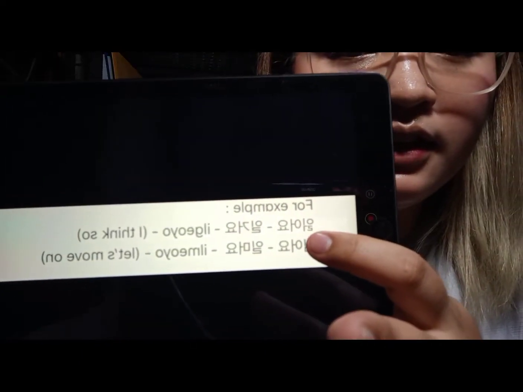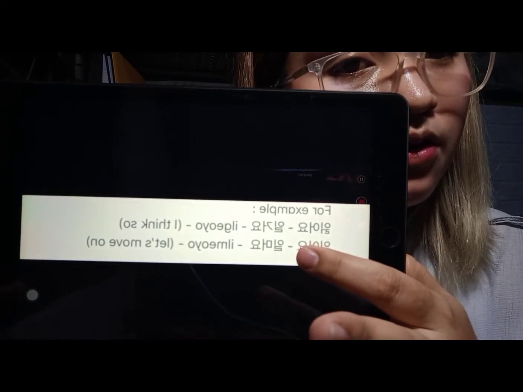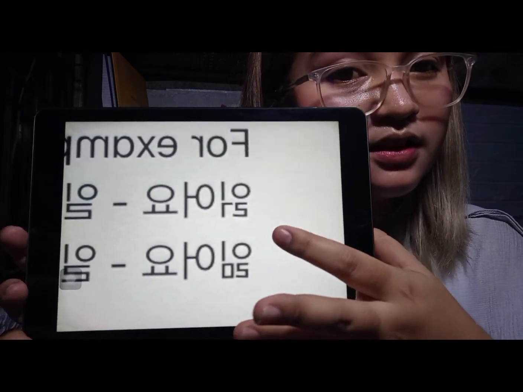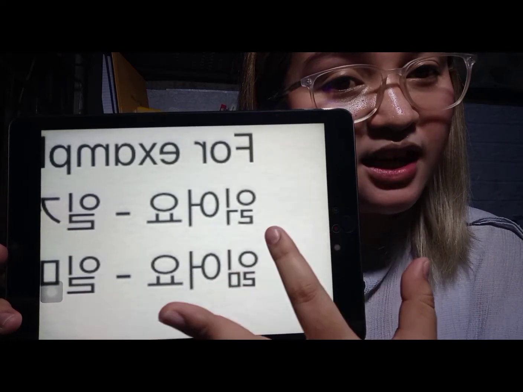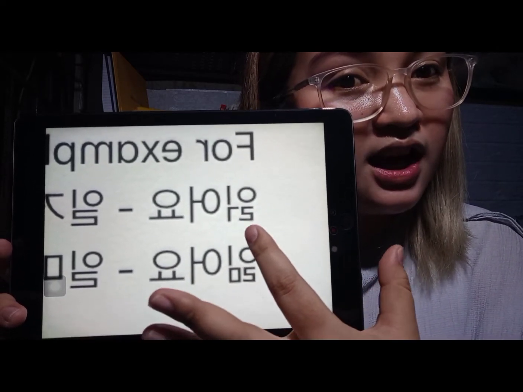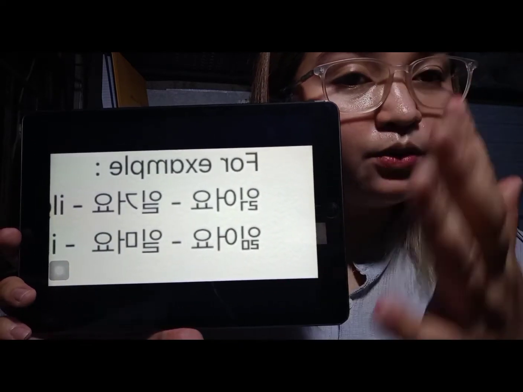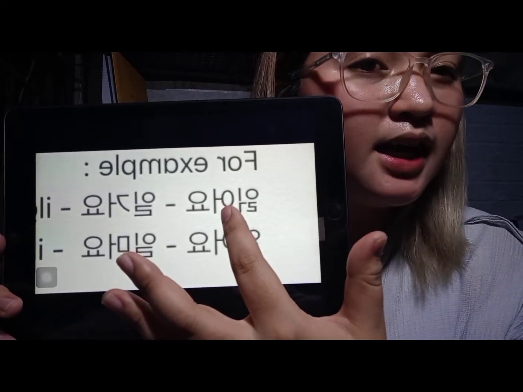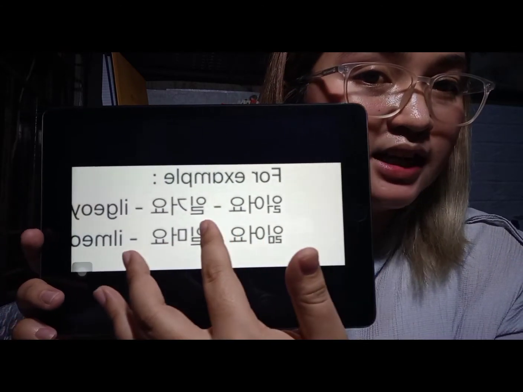So, for example, il koyo. 'Di ba yung rule dun sa unang example na pinakita ko is yung second yung babasahin kasi nga yun yung rule ng Lil Kiyok. Kaso, yun nga, may exception yung rule na yun. Dahil kapag may kasunod na another syllable, pwedeng mabago yung pagkabasa sa kanilang dalawa.